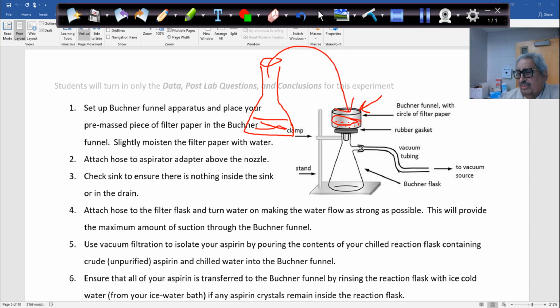This goes to the vacuum, and the liquid will come here, and your aspirin will be inside your filter paper. Underneath the filter paper, write the names of your group, because we have to keep it until next week. Without knowing the name of the group, we will be confused. Where is my aspirin?